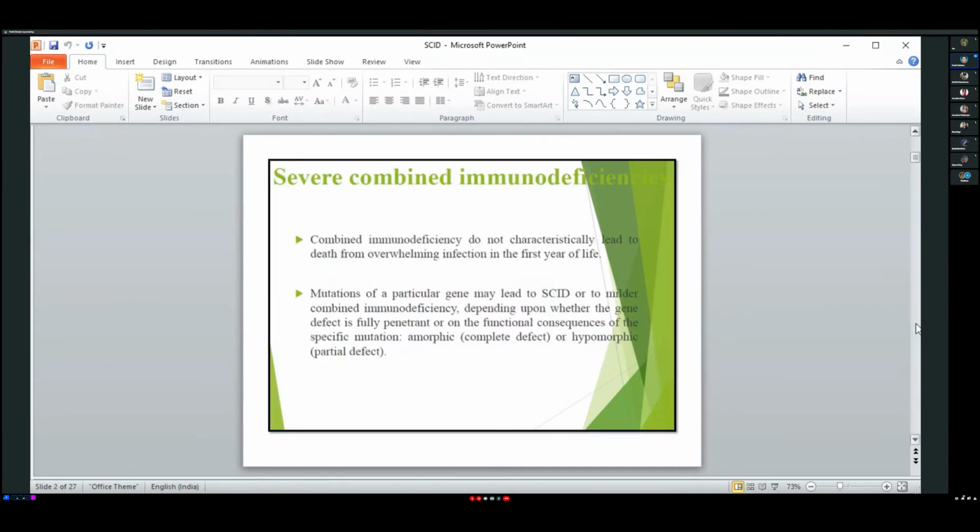So you all know that mutation of a particular gene may lead to severe or milder combined immunodeficiency, depending upon whether the gene defect is fully penetrant or on the functional consequences of the specific mutation.